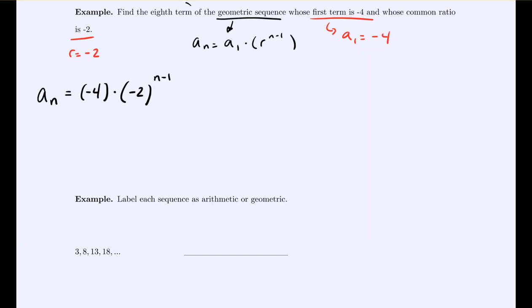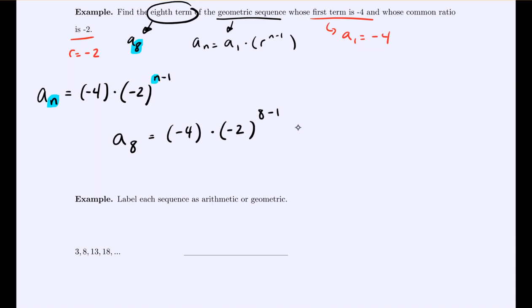Now if I specifically want to find the 8th term, that's a sub 8. So everywhere there was an n, we're now going to replace it with the 8. And we would get the first term times the common ratio all to the exponent 8 minus 1, which could be simplified to -4 times -2 to the 7th.